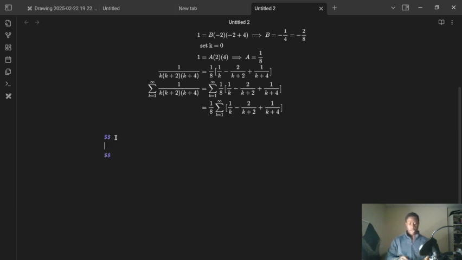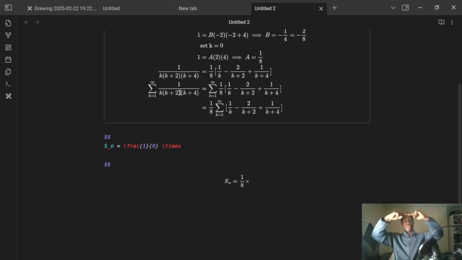Okay, so Sn is equal to 1/8 times, and now I'm going to do it line by line because it's much simpler when you keep each k on its own line to do the cancellation.